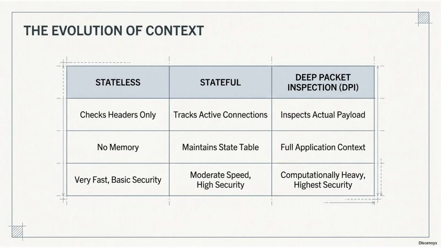Coming to deep packet inspection, that is DPI, it inspects the actual payload. Payload includes the address and all the details of that. So with full application context, it is computationally heavy, with the highest security. Now this is what makes the difference between stateless and stateful.